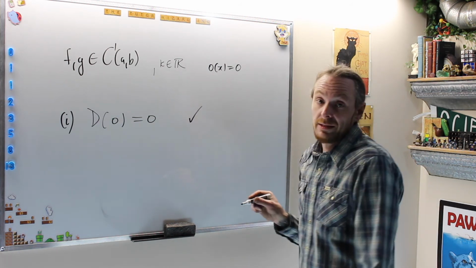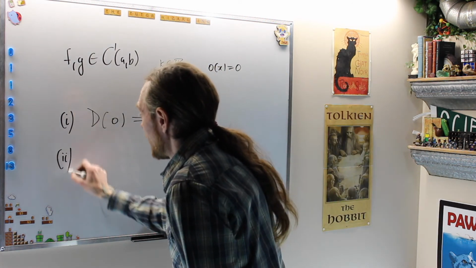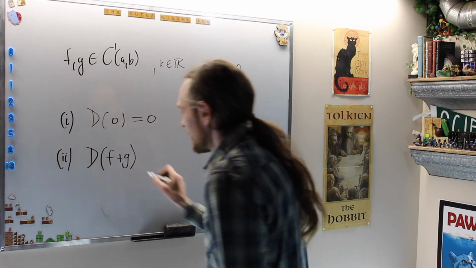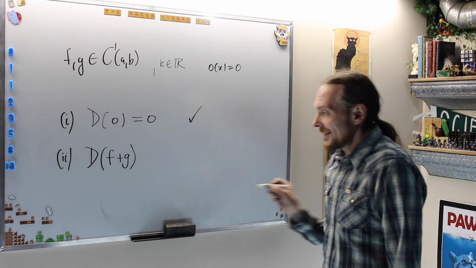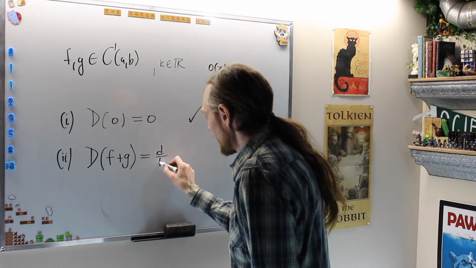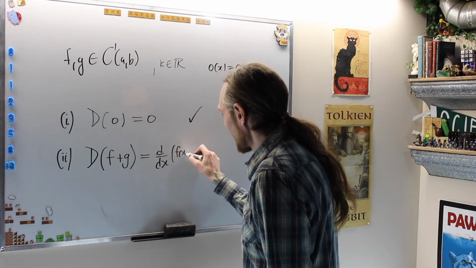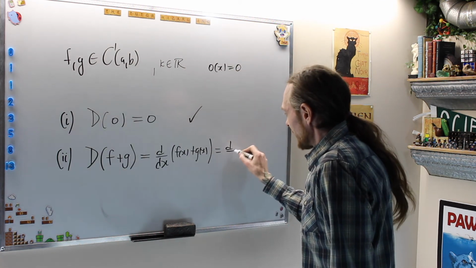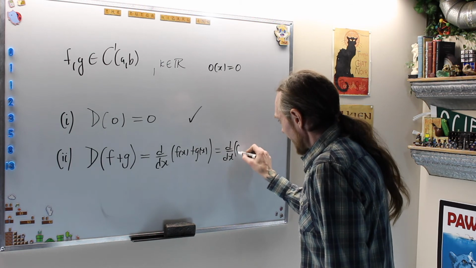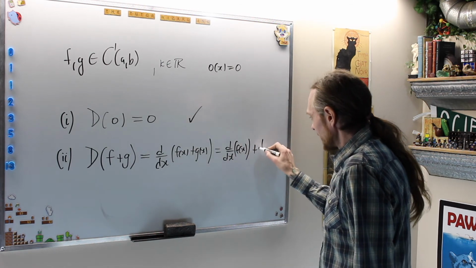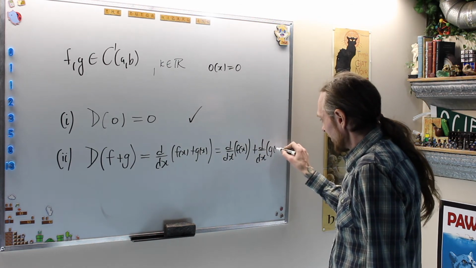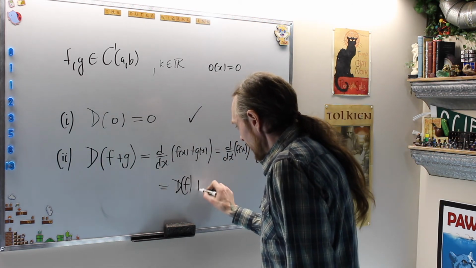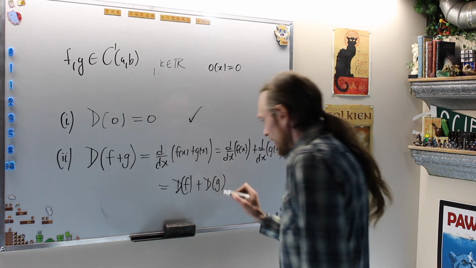But check. 2. If I take the derivative of 2 functions, can I split that? That is by definition the derivative with respect to x of f of x plus g of x, which is the derivative with respect to x of f of x plus the derivative with respect to x of g of x, which is equal to df plus dg.